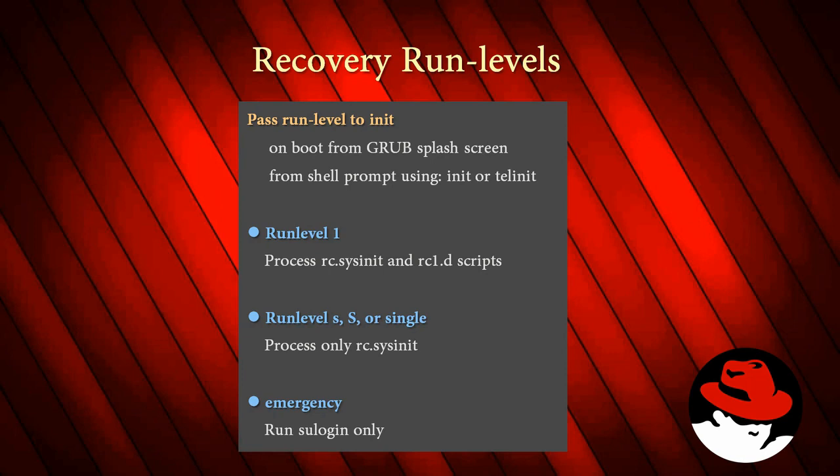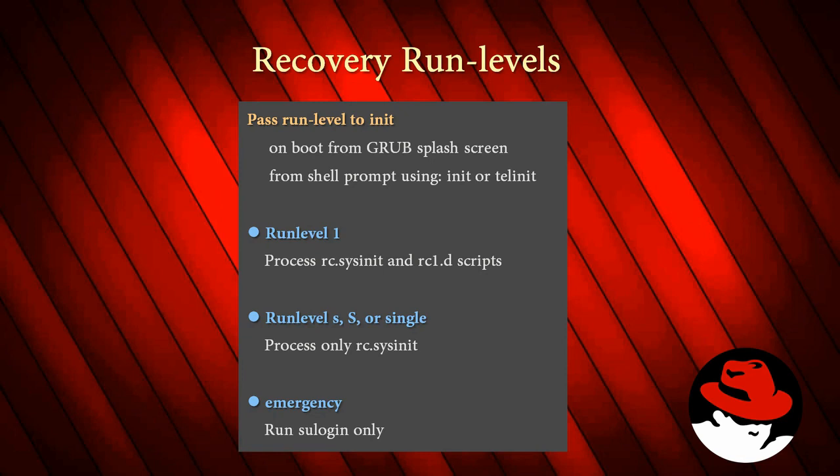In safe mode or single mode, run level S, the system will start rc.sysinit without the init. The inittab could be used. You can still boot into single mode, where you are given a root shell with no scripts processed.